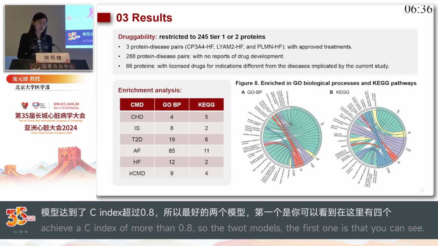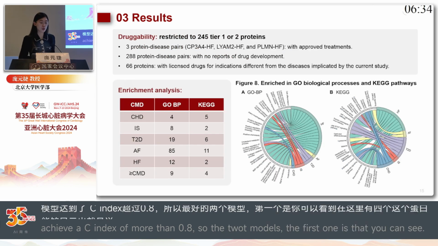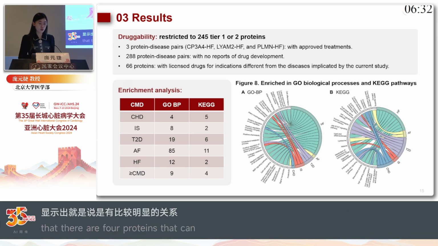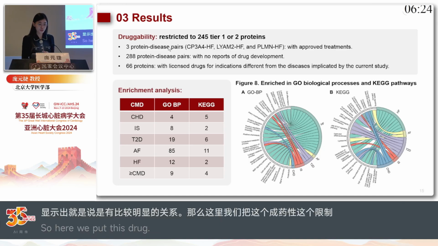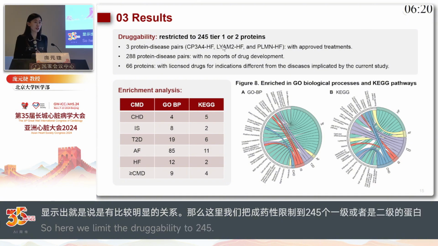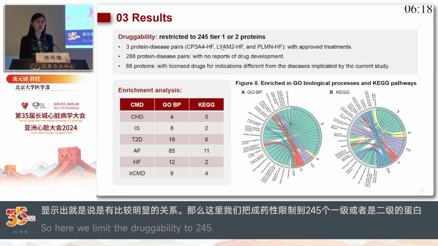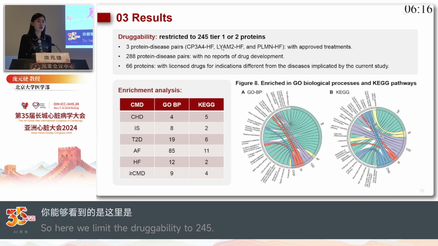Lastly, we evaluated the druggability of the key proteins, and we restricted to the 245 tier 1 or tier 2 proteins. We observed 3 protein pairs that had approved treatments, and the 3 proteins are both approved for treatment for heart failure because those 3 proteins are the drug targets to treat heart failure.